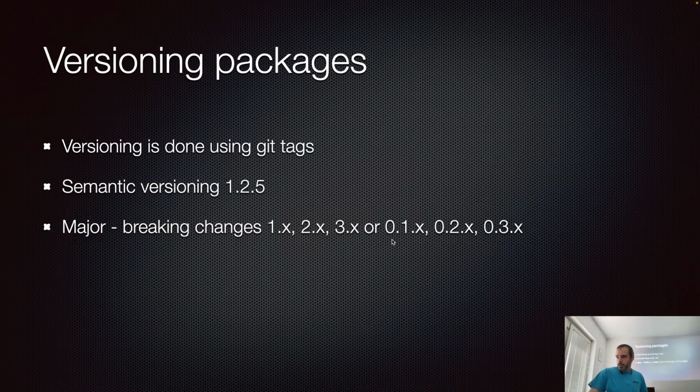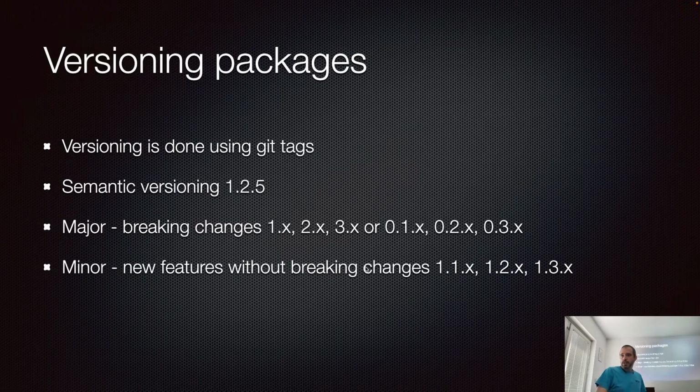And I would like to mention that when we have not yet reached the stable version, so we are at 0.something, then the minor version is considered as a breaking change. So if you increase the minor version, Composer will treat that as a breaking change. The minor version number means we created some new features or we did some bigger refactoring, but without breaking changes.